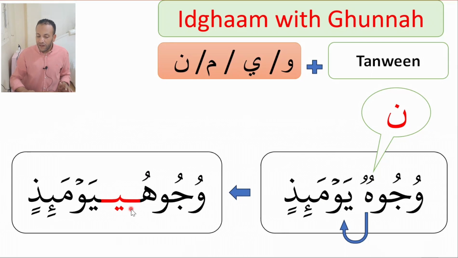This was originally Tanween or Noon consonant that I am inserting in the following letter, so I am doubling the following letter. Now I have this new sound, and this Ya is the original one. Here I will prolong the nasal sound.